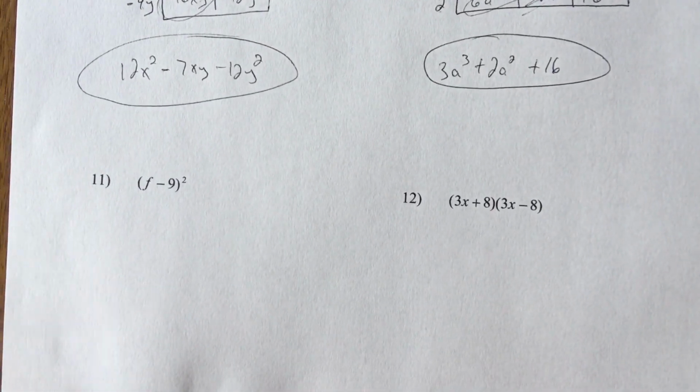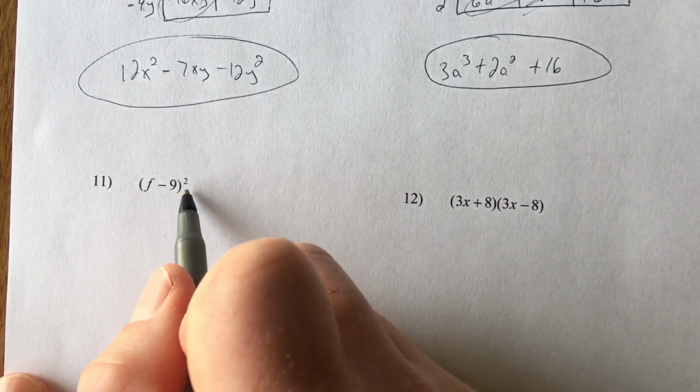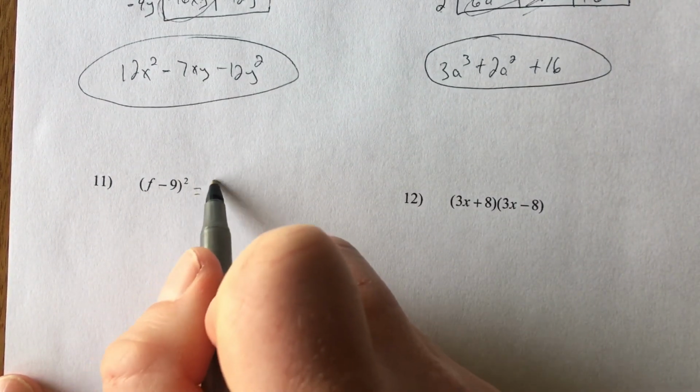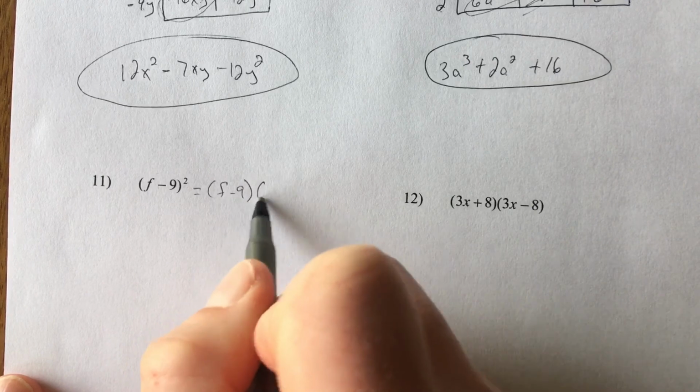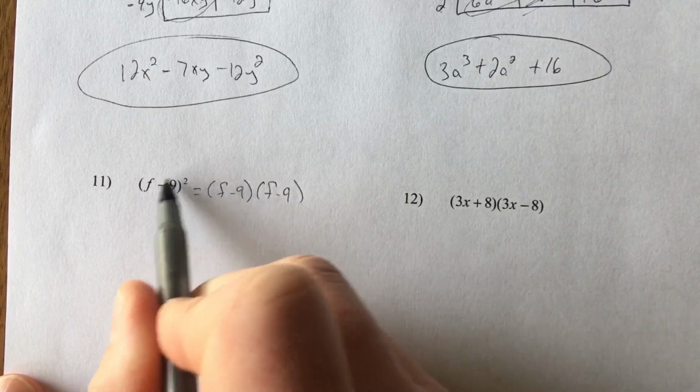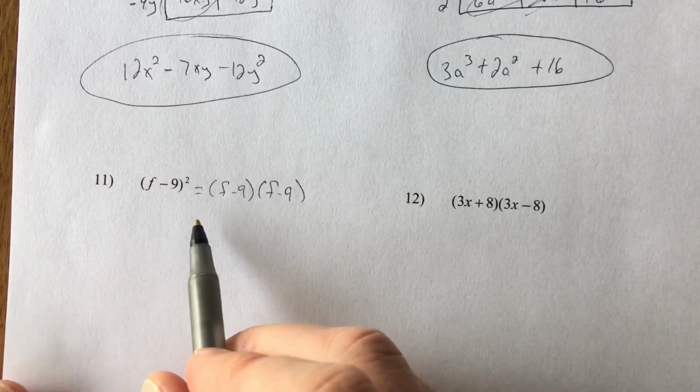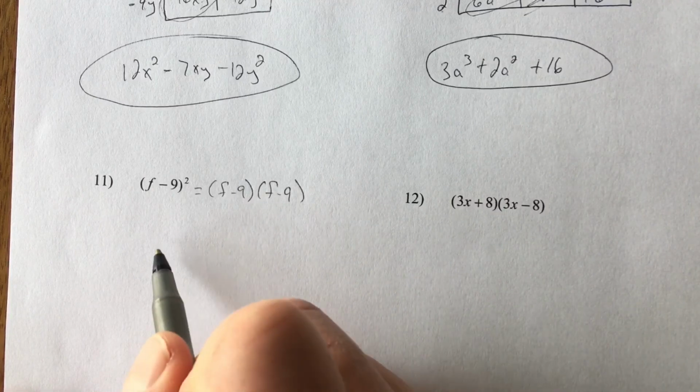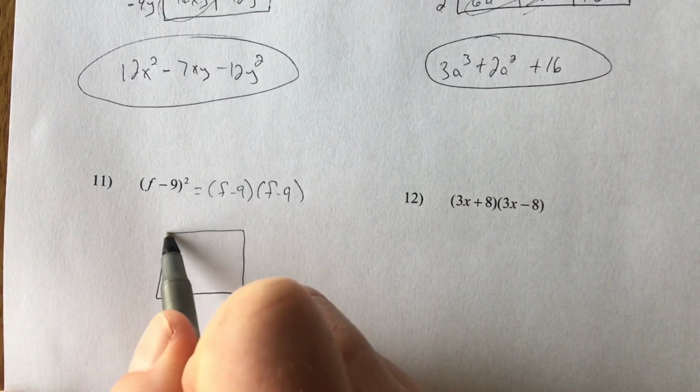On number 11, what we said in class was you've got to be careful. Anytime you see something squared, it means that thing times itself. So don't just try to distribute and make this too easy. It's not hard, but you've got to see it like this.